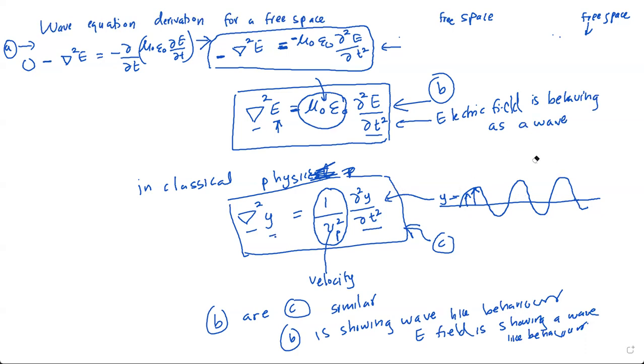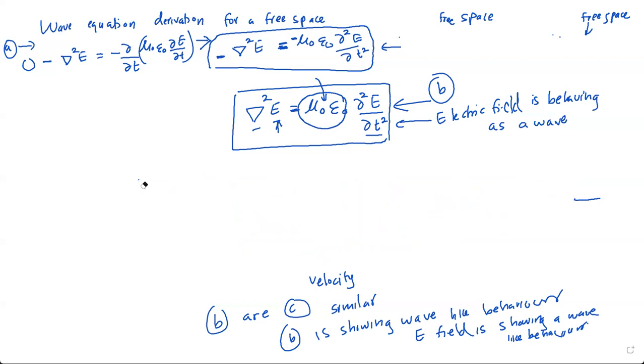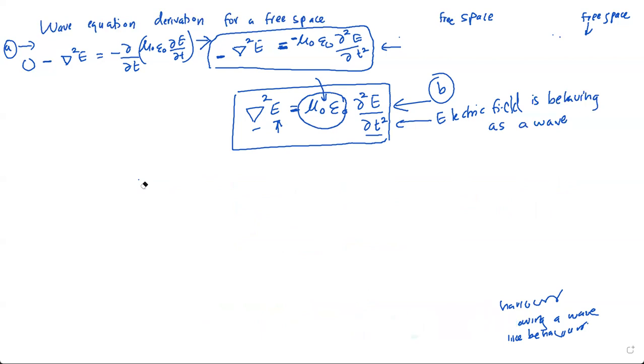So using all those conclusions, we can draw a figure showing the behavior of the electric field and magnetic field in a certain medium, let's say in free space, right?